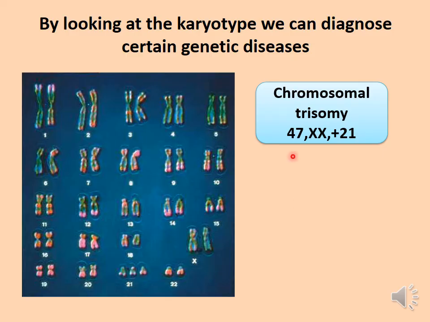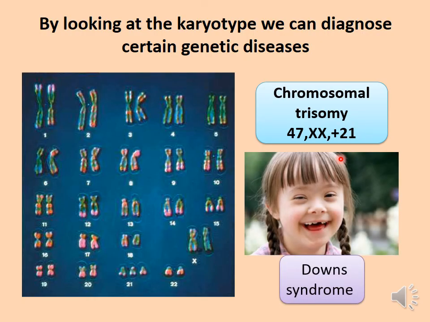First we have to write the total number of chromosomes, and then the sex of the individual, and then the specific location where the additional chromosome is found. And what is the disease condition arising due to this abnormal karyotype? It is Down's syndrome.